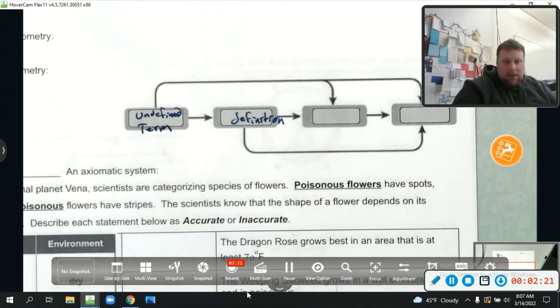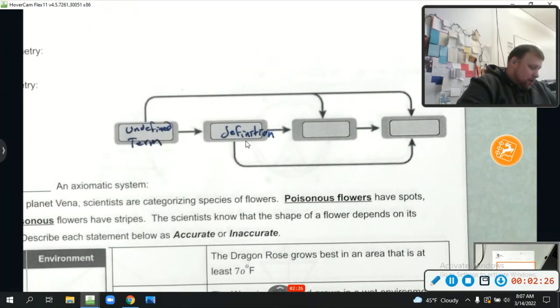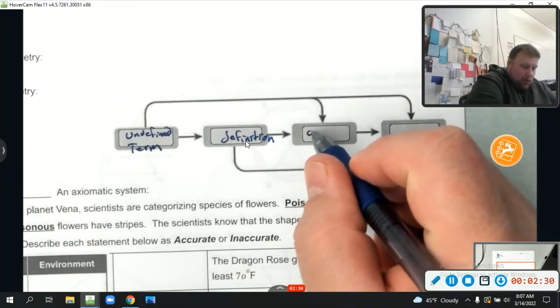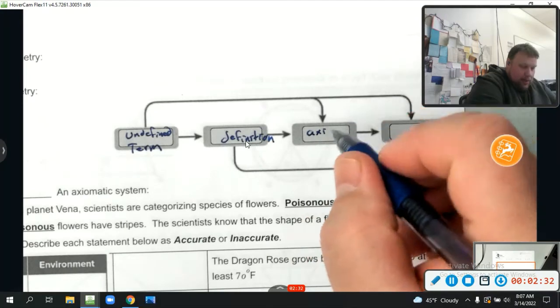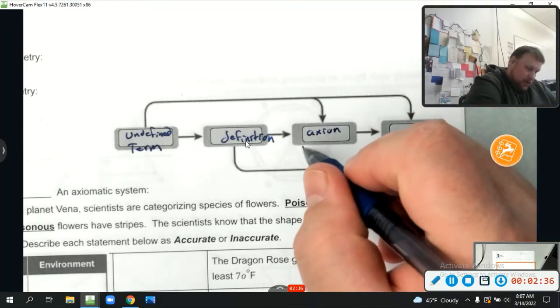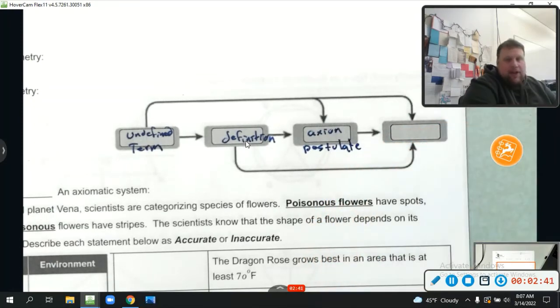But also, an undefined term sometimes goes to an axiom or a postulate. Again, a postulate is something we accept without proof. It's accepted at face value.